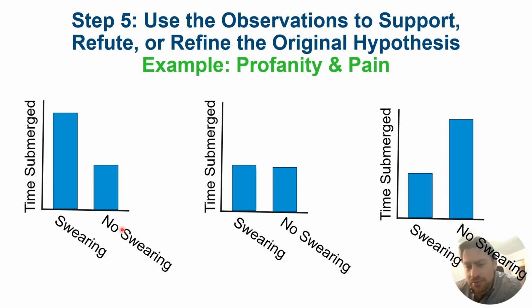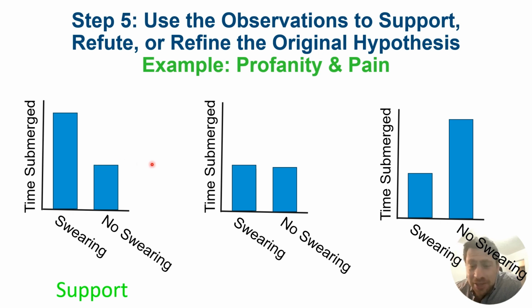So let's imagine that once you analyze the data, you find that people that used profanity, the swearing group, were able to keep their hands in the ice water significantly longer than people who did not utilize profane language. Now, this would support your hypothesis that there is a relationship between pain and profanity such that using profanity increases your tolerance for pain. So this pattern of results would be in support of your hypothesis.